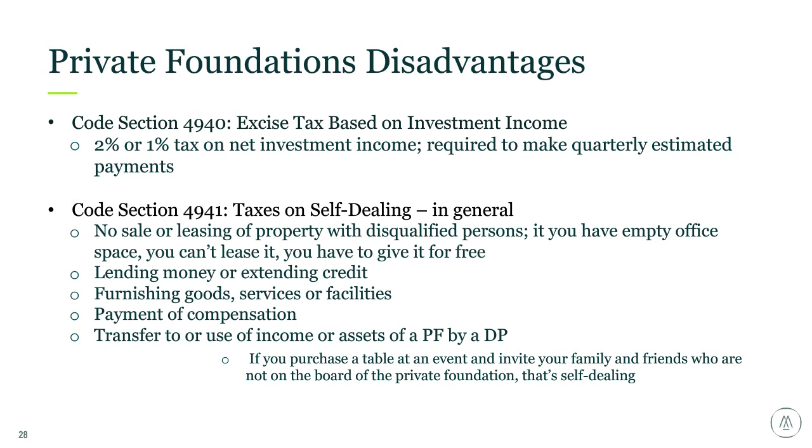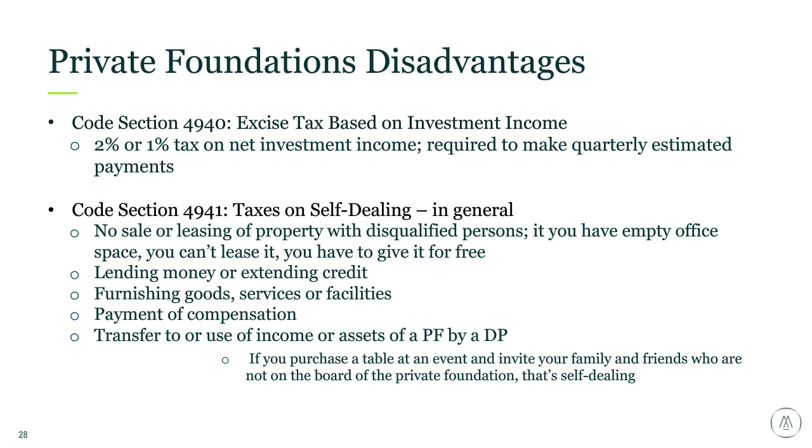Then there's also taxes on self-dealing. This tends to be a pretty hot topic for IRS, and there's a lot of rules with respect to self-dealing. So some of them we have listed here with respect to no sale or leasing of property with disqualified persons. Lending money or extending credit would get you a tax in self-dealing, furnishing goods, services, or facilities, payment of compensation.